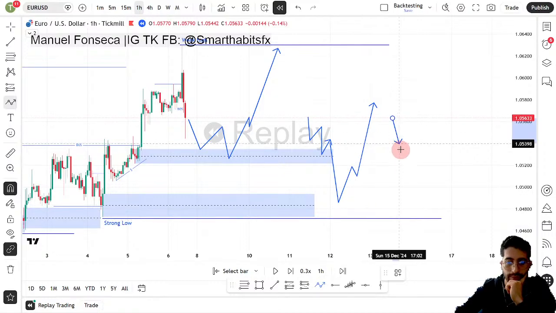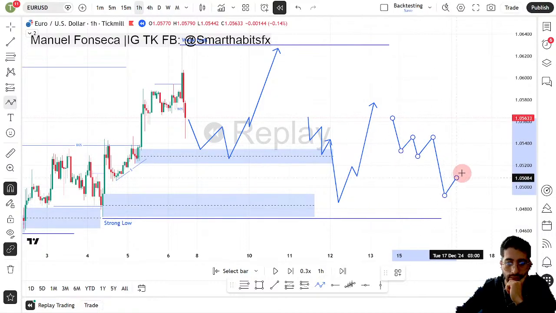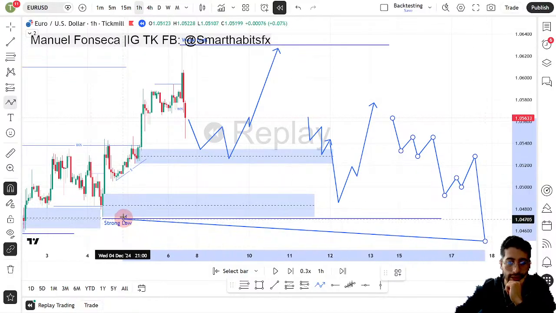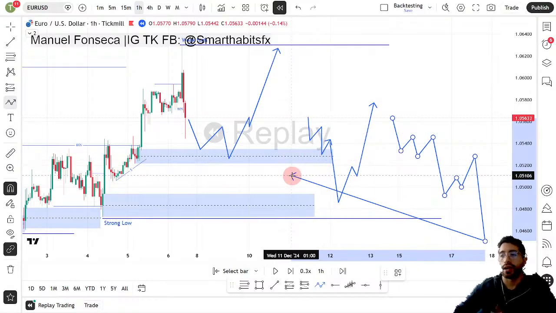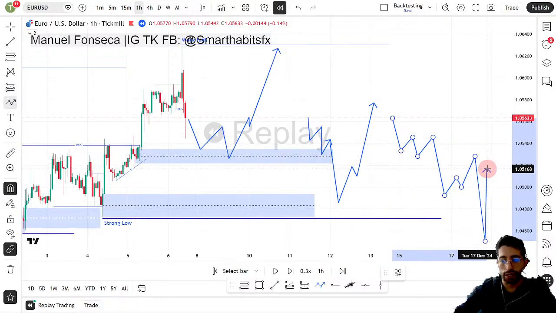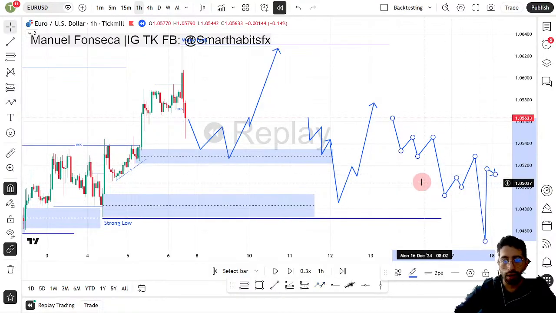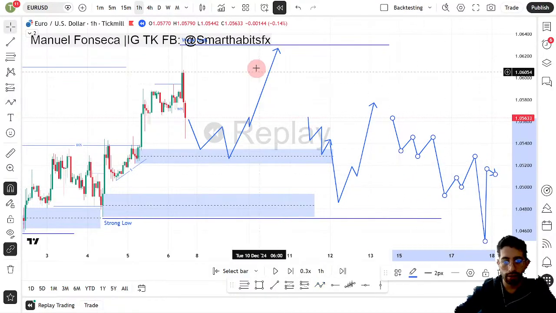Another possibility is that the price has certain reactions, pushes down, and then pushes down as well. Then we have a new market shift, and we just have to readjust, keep updating our ranges, and go with the current direction of the market.